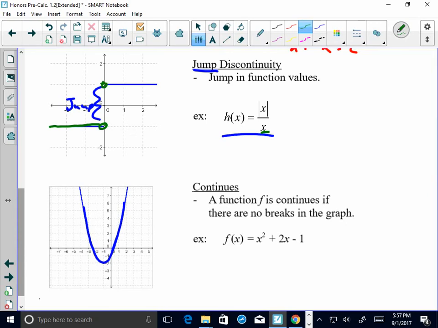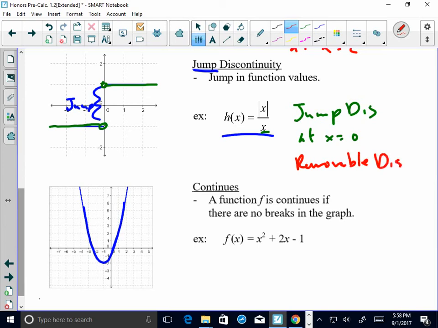So right here, that gives us +1 for all positive x values. And here we would say that we have jump discontinuity at x equals 0. Now right here, this would also be removable discontinuity, or I'm sorry, non-removable.